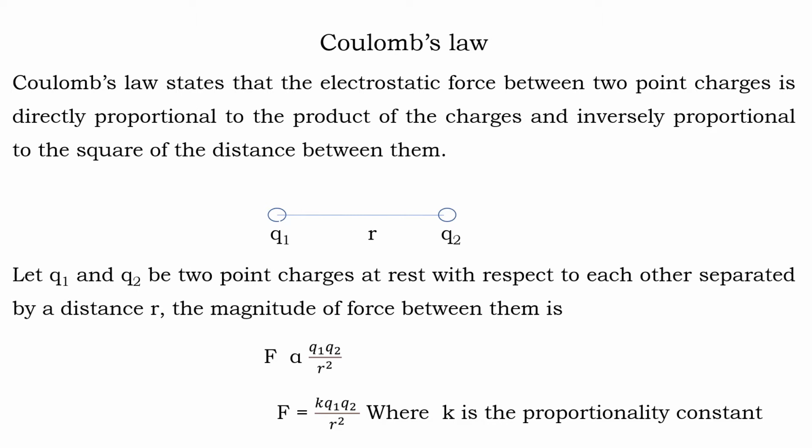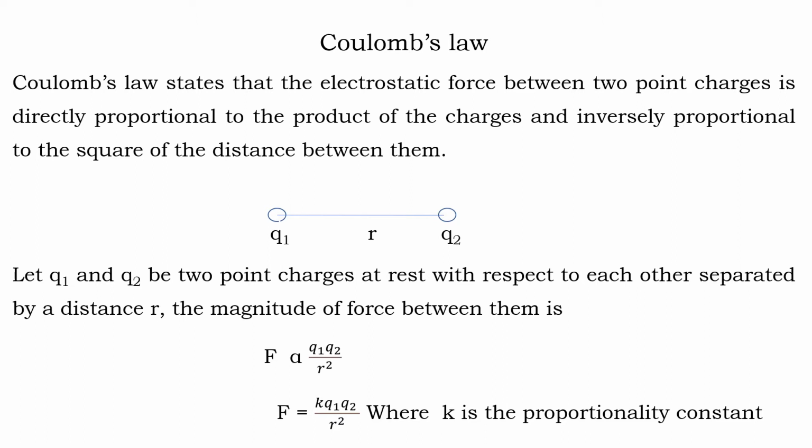Coulomb's law is the fundamental law governing interaction between charges at rest. Coulomb used point charges to study the interaction. A point charge is a charge whose dimensions are very small when compared to the distance to another charged body.